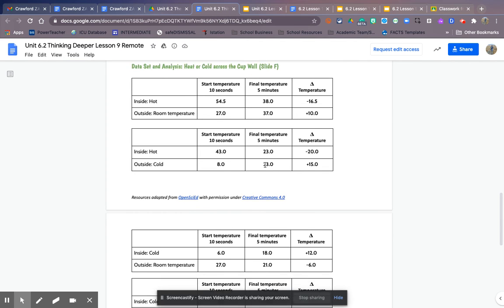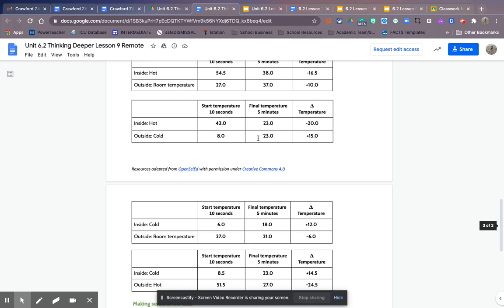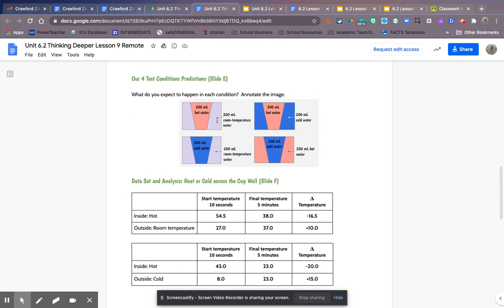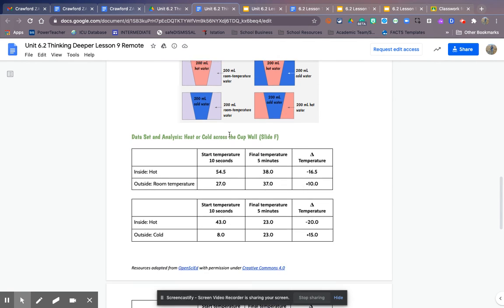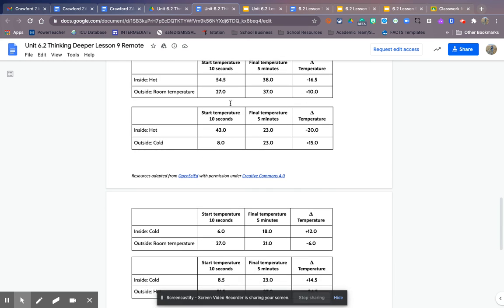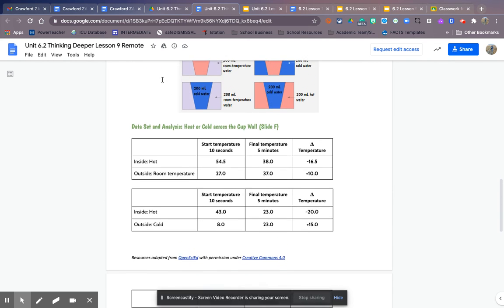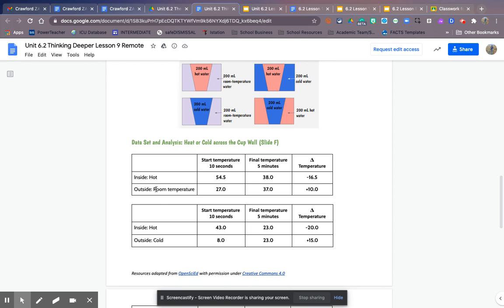You're going to be using the data from our little experiment from slide E. So using this data, we have the inside temperature, which is hot, and the outside temperature, which is cold or room temperature. This is hot inside, cold outside. So that's this experiment, hot inside, cold outside.